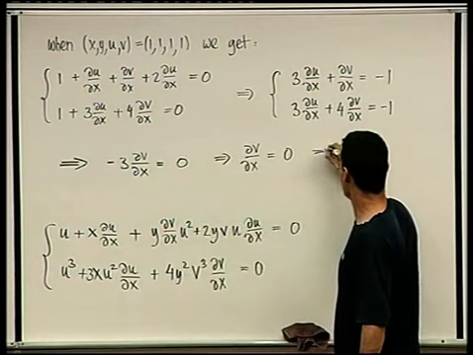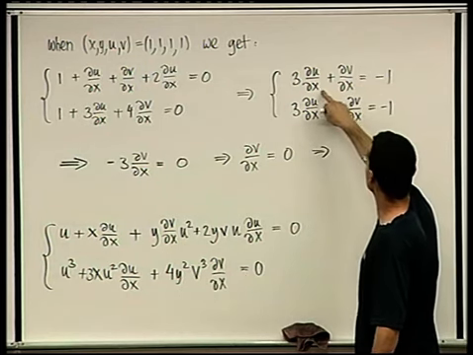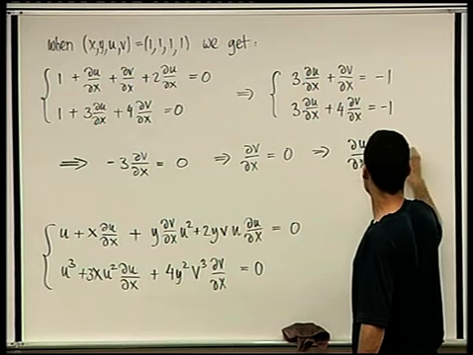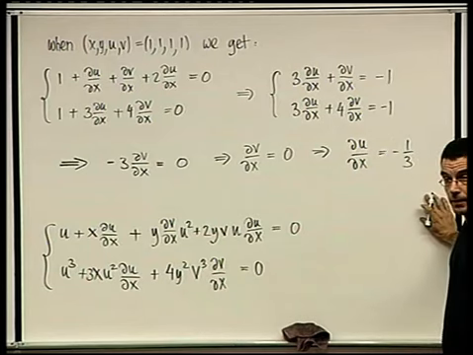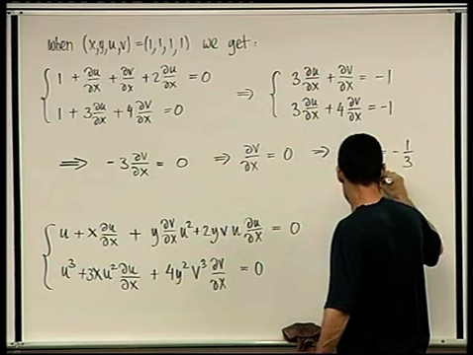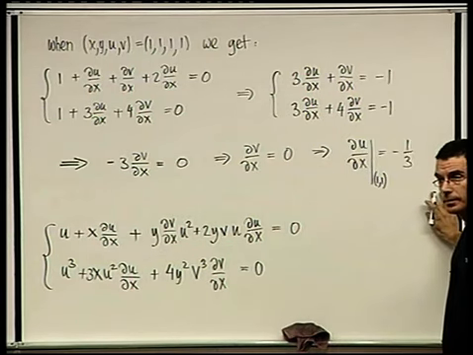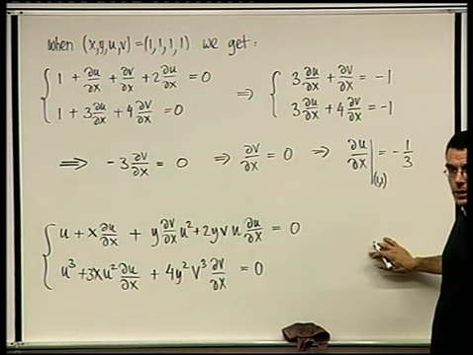And therefore, I can plug it into either one, and I get that 3 du/dx is negative 1. So du/dx equals negative 1/3. Okay, and that's all at the point, I should emphasize, at the point (1, 1). Good? So this is called implicit differentiation.